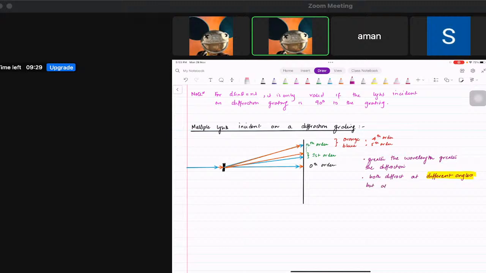But at some point they may overlap with different orders, like you see right now that the orange and blue overlap on 4th and 5th.